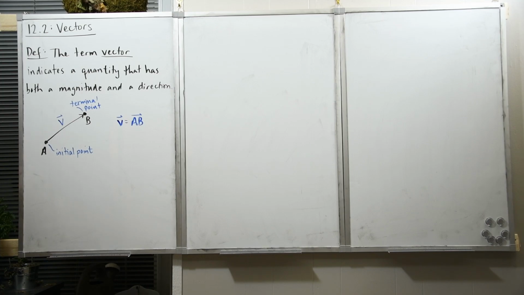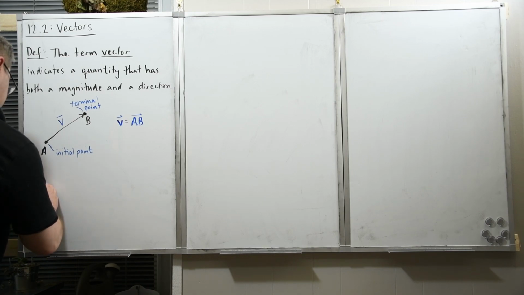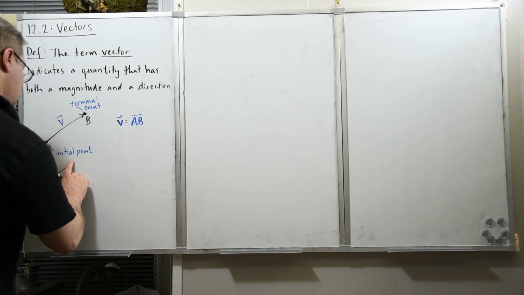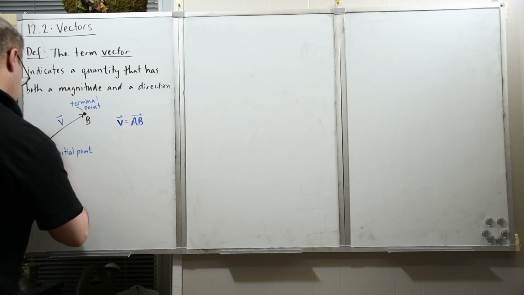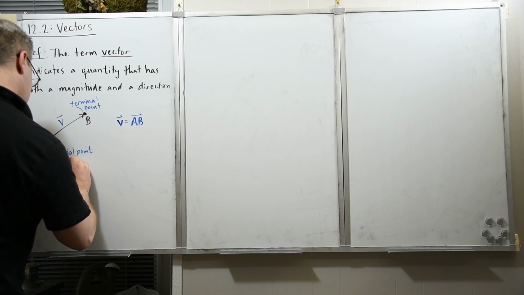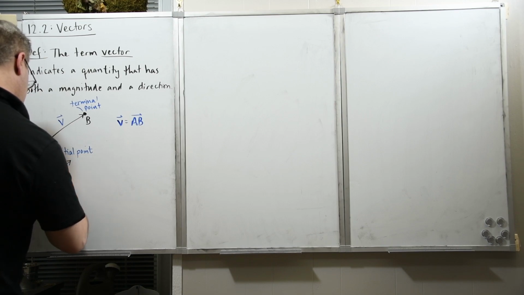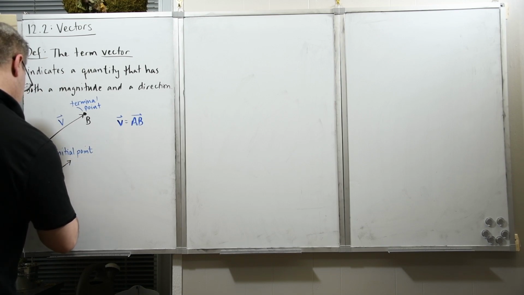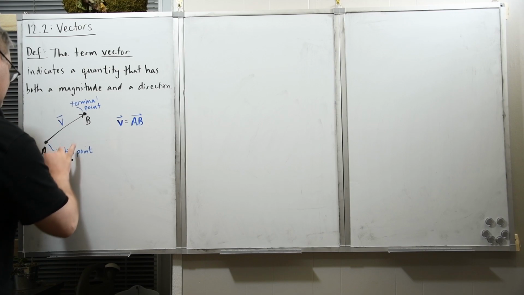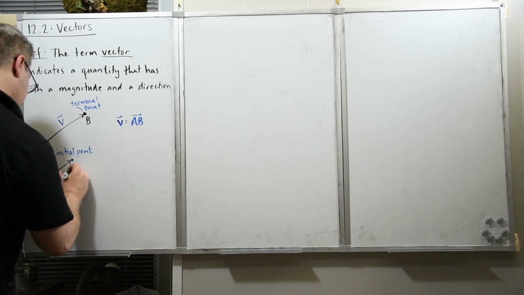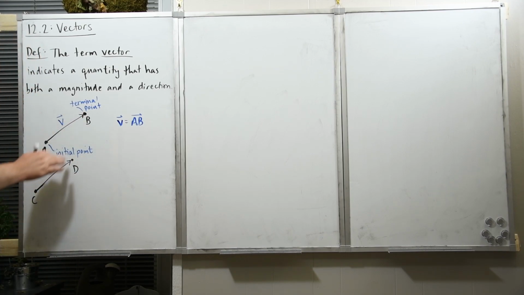So if I were to take a look at a vector like this, let's try to draw it so that it's a pretty good comparison to the AB vector here. Yeah, pretty close. So let's pretend that this is going in exactly the same direction that the vector AB is.